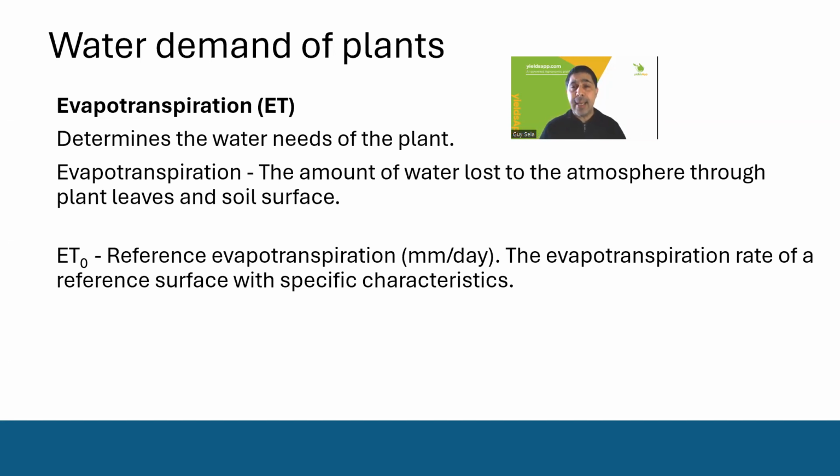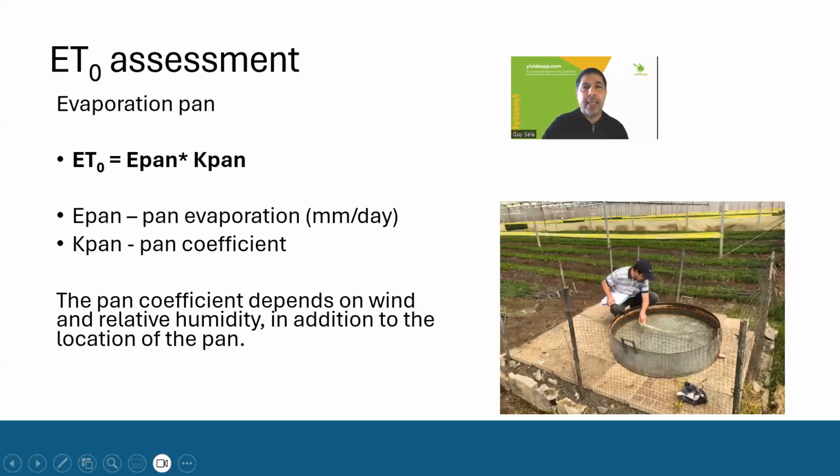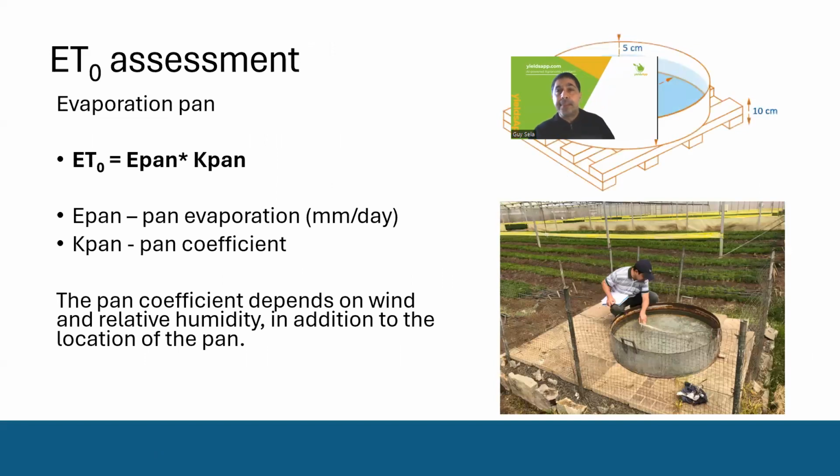It's like asking how much water would be lost from this kind of surface, with plants and soil. So that's the reference evapotranspiration. But how much water will the crop really absorb? That depends on the crop, and I will explain that in a second.